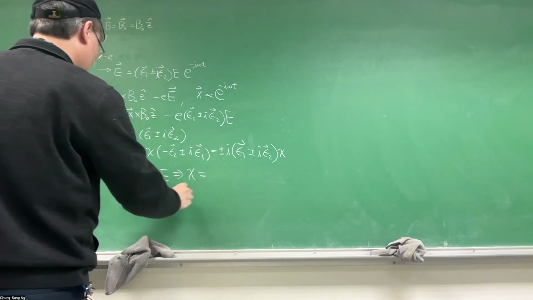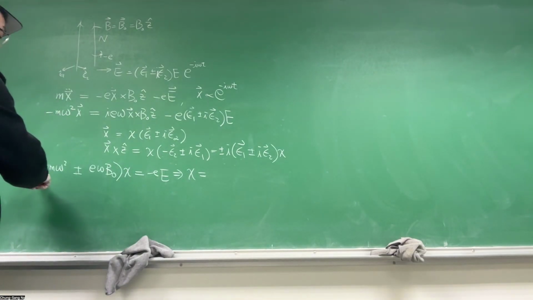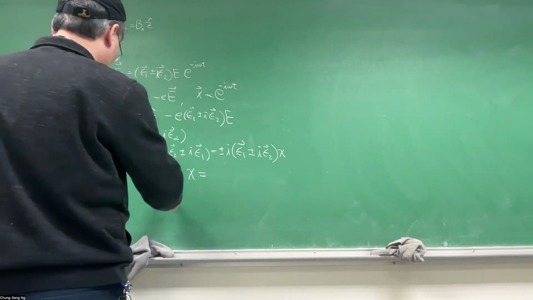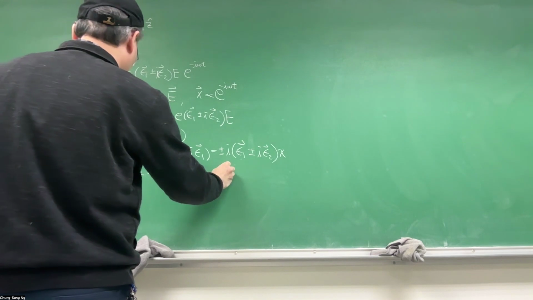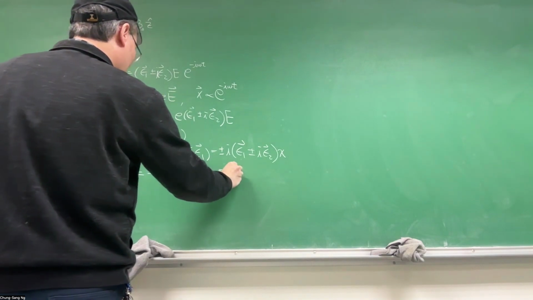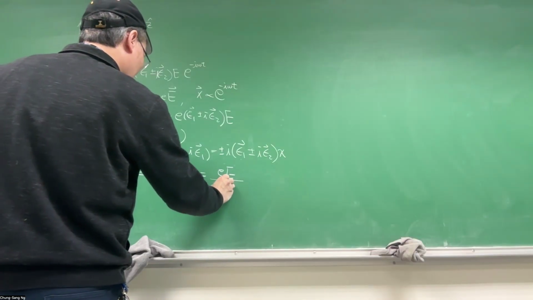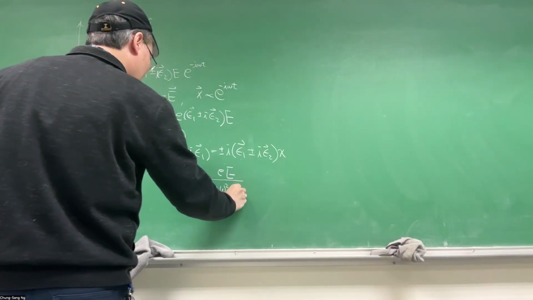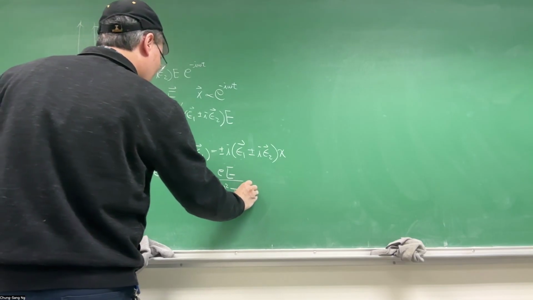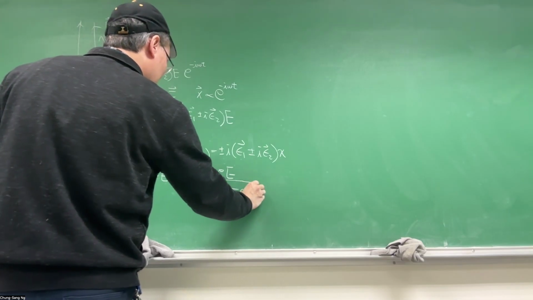You have a minus that cancels with the minus. So it's e times capital E divided by m omega square minus plus e omega times B0.